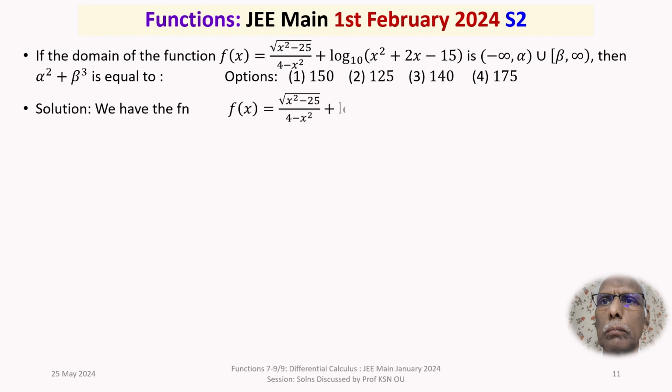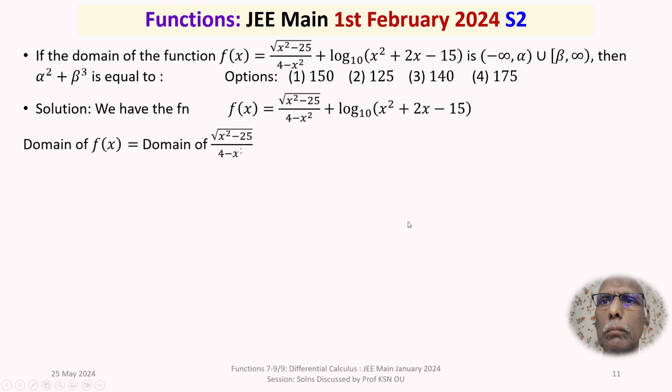We have the function f of x as the first function plus the second function, right? F of x is equal to g of x plus h of x, and we know the domain of f of x is equal to the domain of g of x intersection with the domain of h of x. So we write that way.